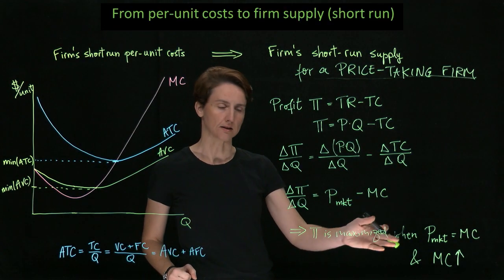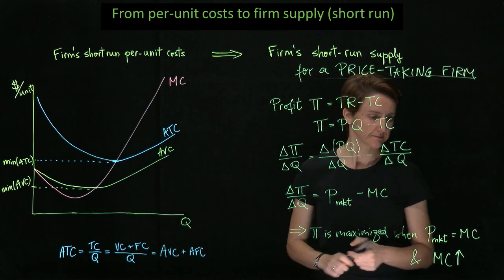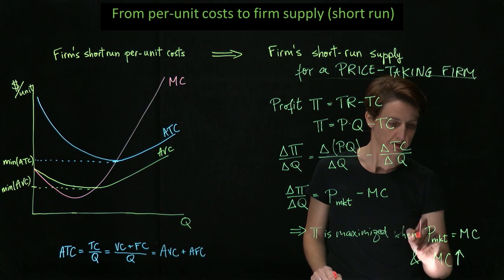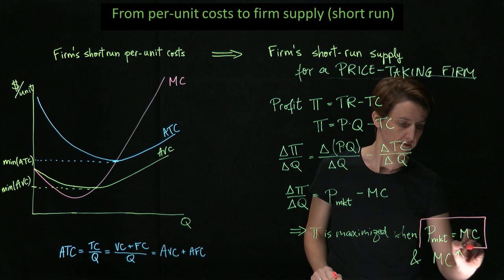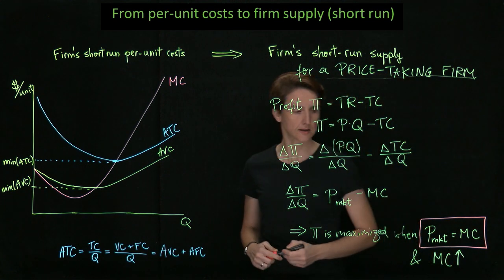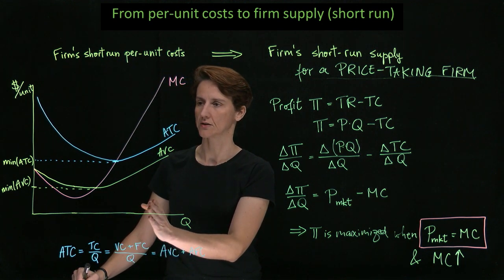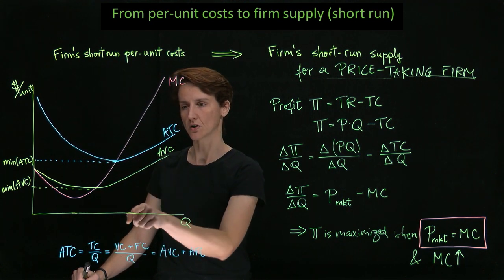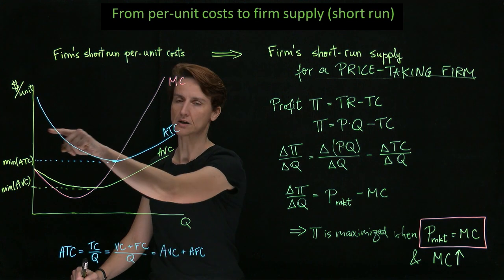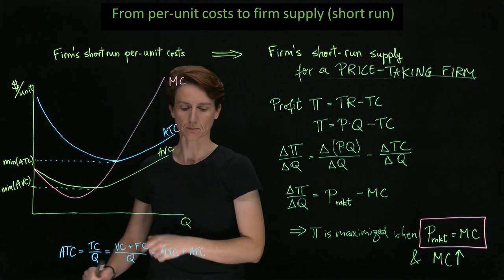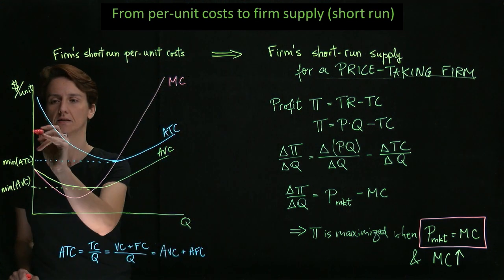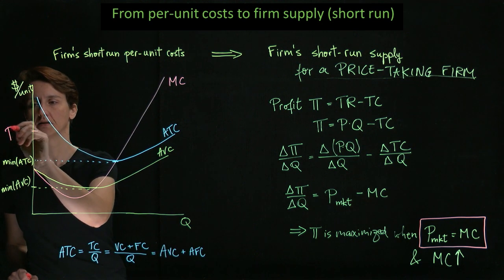So what does this tell us? It tells us that given some price in the market, the firm will choose output level such that marginal cost at that level equals the price in the market. So for example, we mark this as the market price.